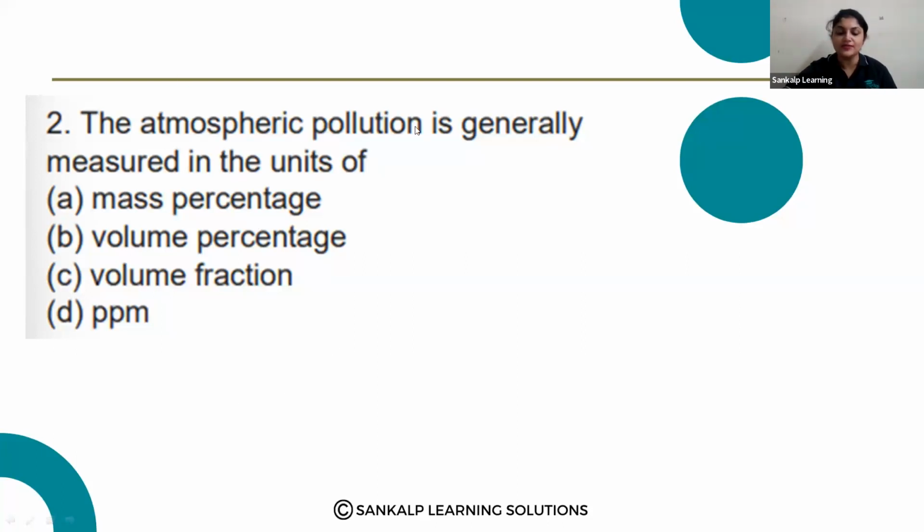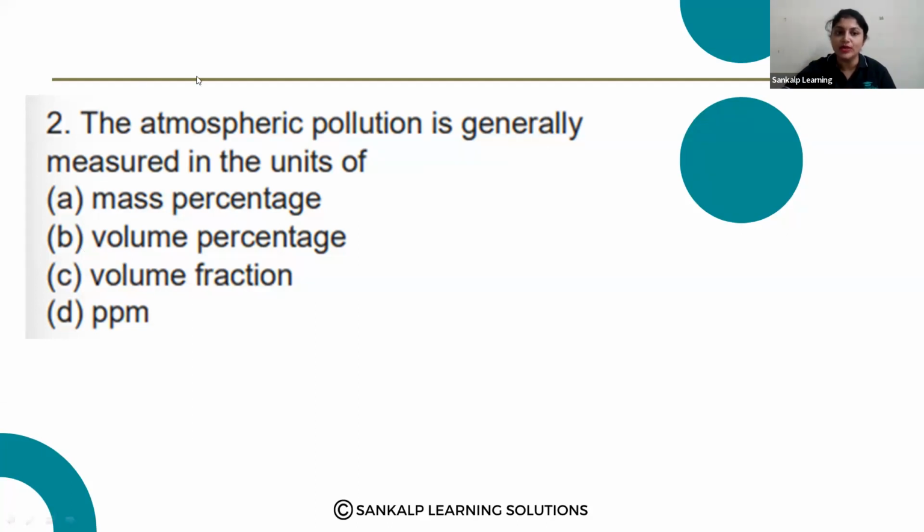Atmospheric pollution is the pollution occurring in the atmosphere. How is it measured? The amount of pollutants present in the atmosphere is very small. Because of that, atmospheric pollution can be measured in terms of ppm.